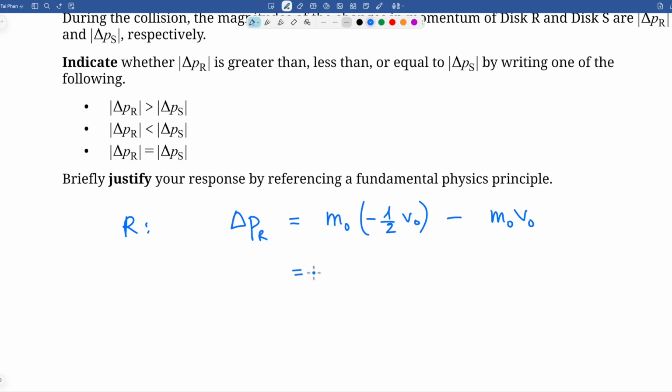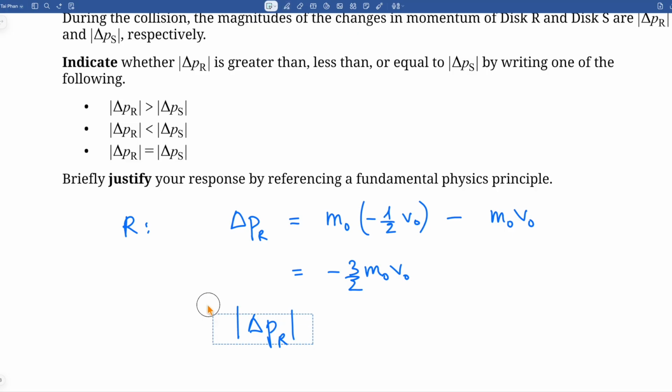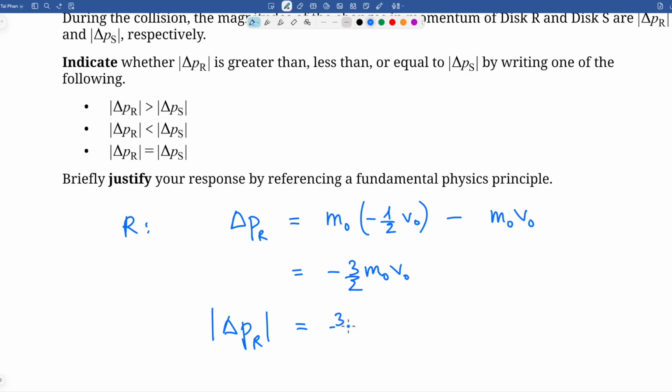So we have negative 3/2 m0 v0. And the absolute value, the magnitude or modulus of the change in momentum of R, is positive 3/2 m0 v0.